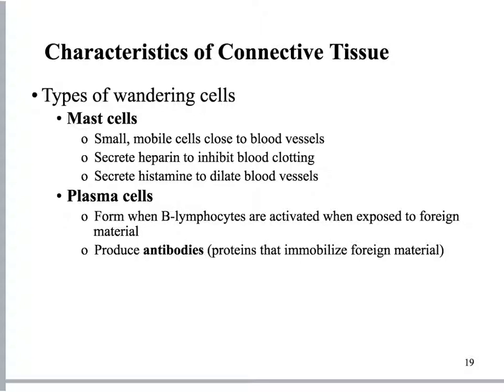Anytime I go near cats and I get scratched by a cat, my skin gets really red and puffy because a mast cell that's been exposed to a cat allergen is reacting and secreting histamine, and it gets swollen, inflamed, and that's why I don't have cats. Okay? Plasma cells are also an immune cell. They produce antibodies, all right, that help immobilize foreign agents and help protect your body. We'll talk much more about these when we get through the immune system next semester.